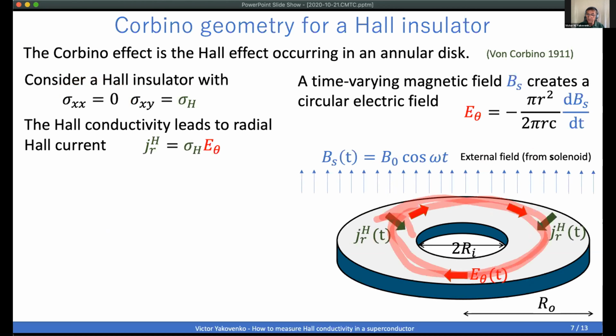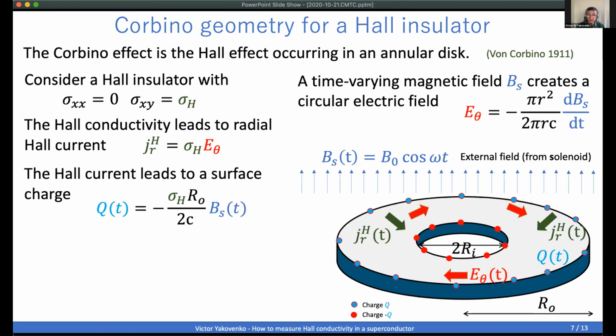Once you have a circular electric field, if there is a Hall coefficient, there will be a radial Hall current. Importantly, in this case the Hall current is radial, so it does not go around the edge. To the contrary, it goes from one edge through the bulk to the other edge. That's this radial Hall current induced by the circular electric field, which is induced by the oscillating magnetic field.